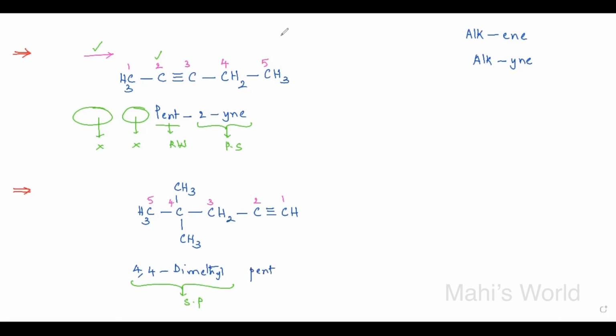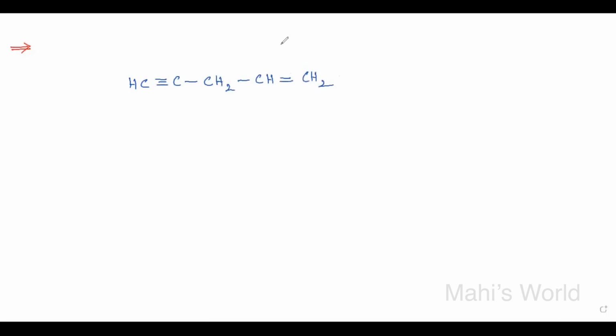Root word is pent, because the parent has 5 carbon atoms. Very clear. And then the triple bond is after the first carbon. So pent-1-yne. That's it. This is the primary suffix. No secondary suffix. Now look at this interesting example.